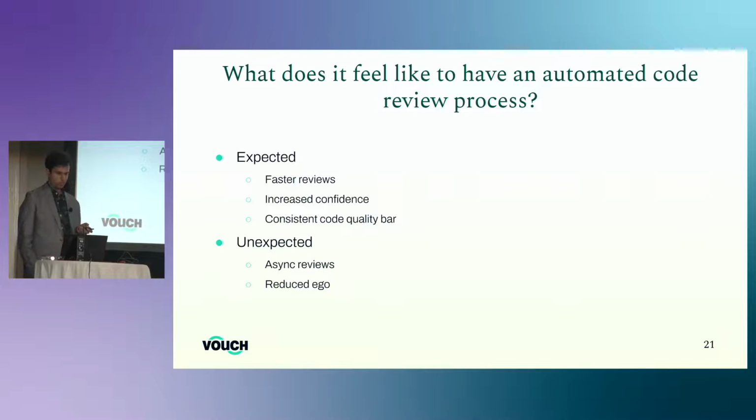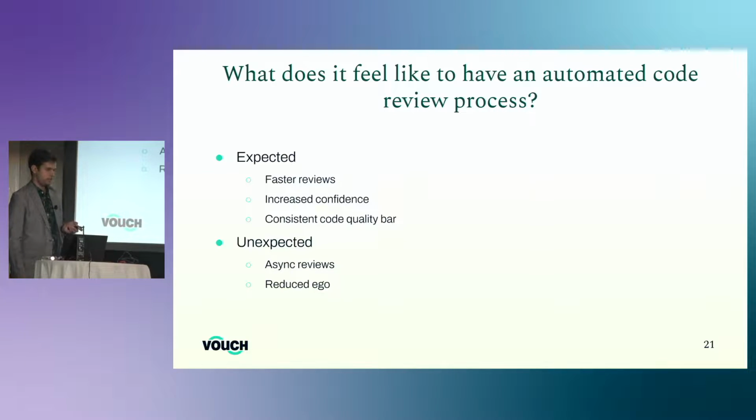Unexpected things, like one is that async reviews are awesome. Somebody can go in and review the manual parts of it, which is mostly the logic, and say, okay, this looks good to me. Then the person works on figuring out what the computer's yelling about, fixing that, and when they're done, they just merge it in. There's no need for a second review because the person has already looked at it.